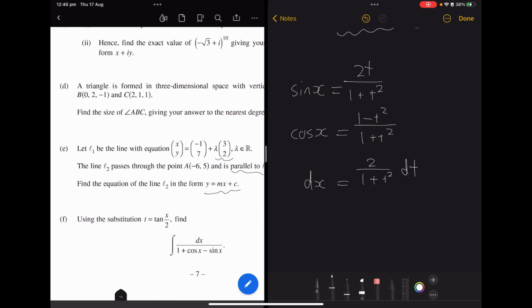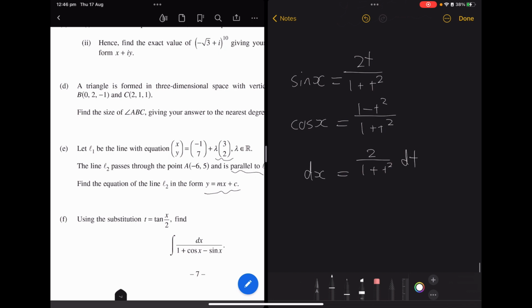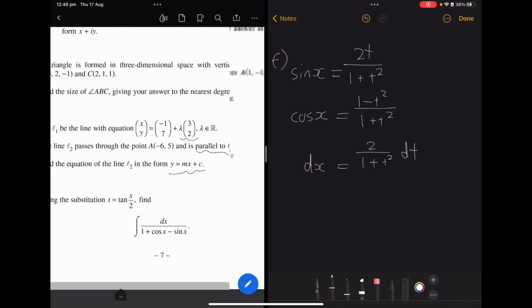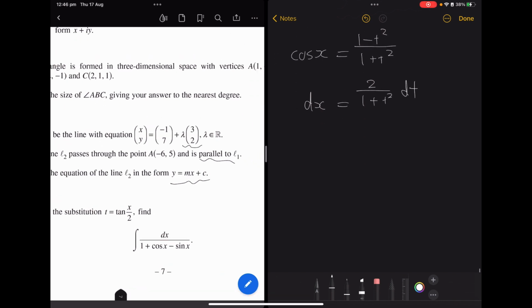If you don't understand where these are derived from, I'll maybe make a video later, but just know these three equations. Oh, I nearly forgot, part F. So using that will make our equation much easier to deal with.